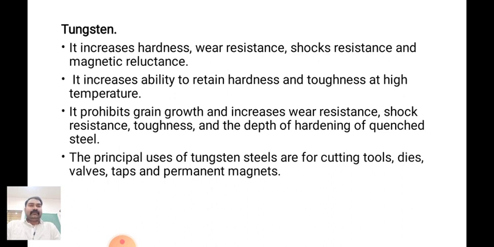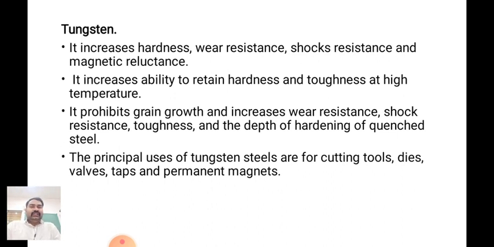Okay, that's why it increases the ability to retain hardness and toughness at a higher temperature. Okay, it prohibits grain growth and increases wear resistance, shock resistance, toughness and depth of hardening after quenching.